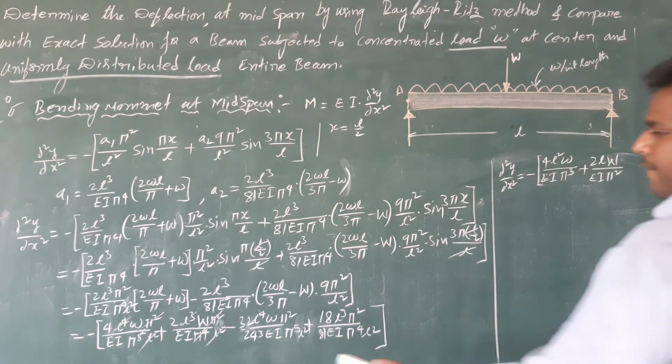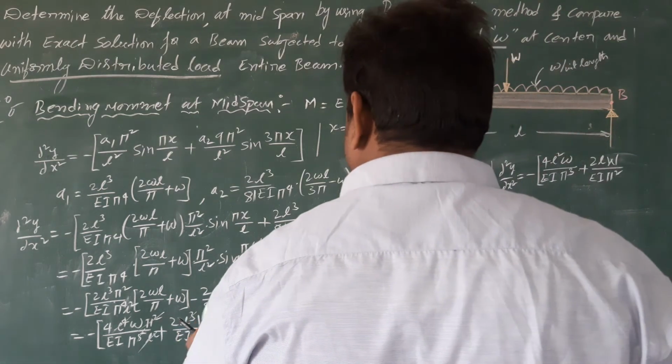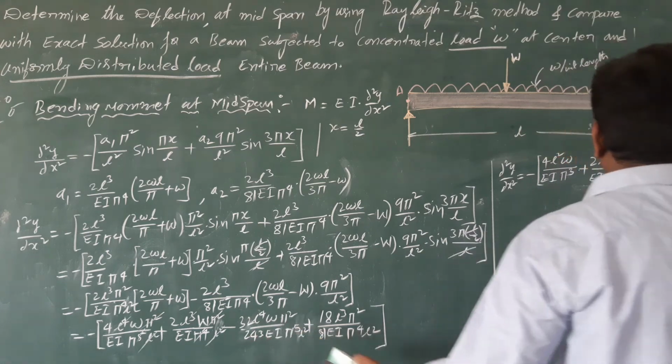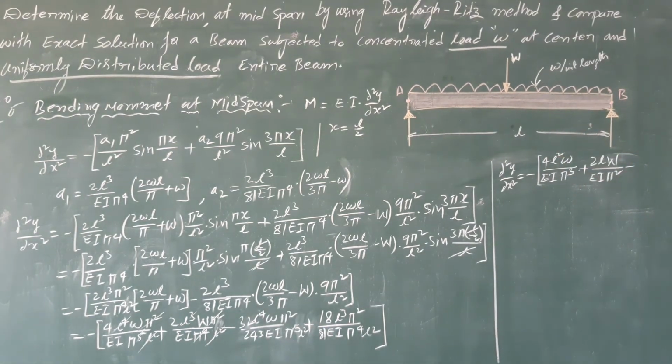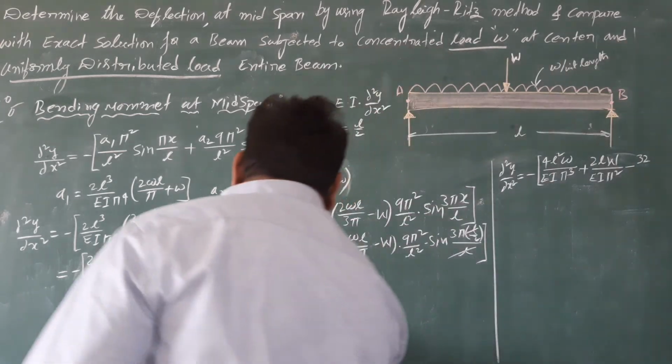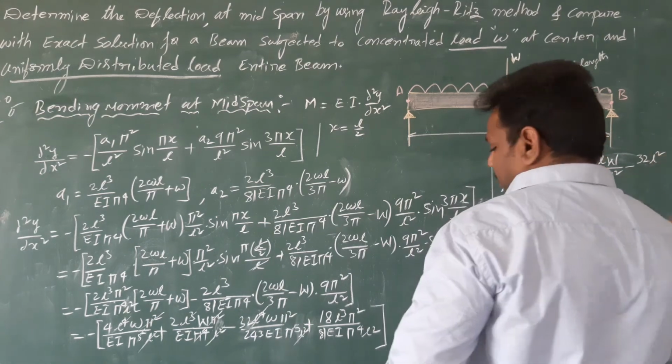Next here minus 32, because 2 9s are there, 32 L power 4, that is L square, L 2 times cancel, remaining L square here.